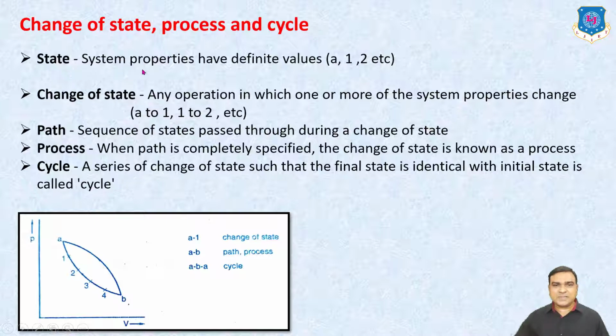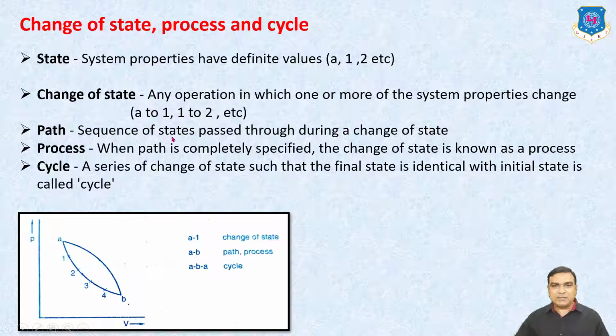So, a state is where the system properties have definite values. For example, A, 1, 2, all points are known as states. Now, change of state is any operation in which one or more of the system properties change, A to 1. So here 1 to 2, 2 to 3. This is known as change of state.